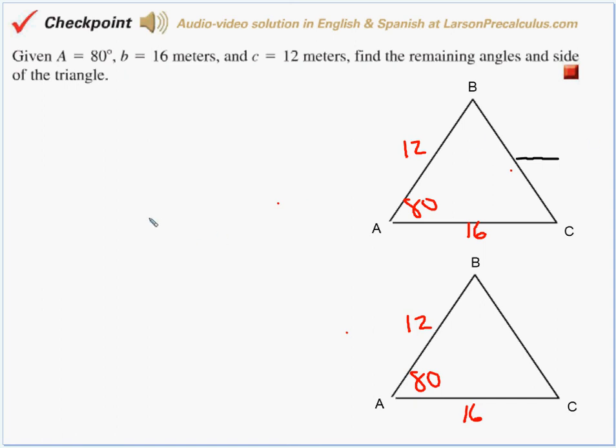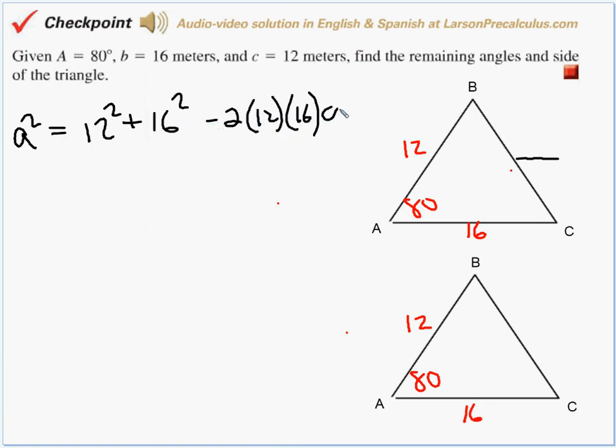Okay, so let's see, for this one, to find this missing side, A squared equals, using our law of cosines standard form, 12 squared plus 16 squared minus 2 times 12 times 16 times the cos of 80 degrees. And we punch that in the calculator.